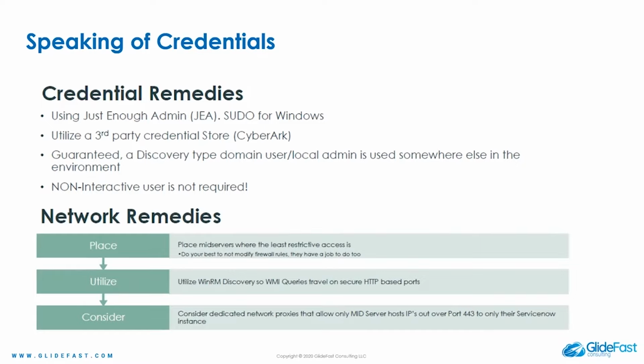A proxy would essentially sit between the MID Server and the ServiceNow instance. So let's say they don't want you to even allow that 443 outbound connection to the instance. You can use a proxy and divert the traffic through that proxy. Again, it's not a common scenario, but it's good to know that there's a remediation to that problem.